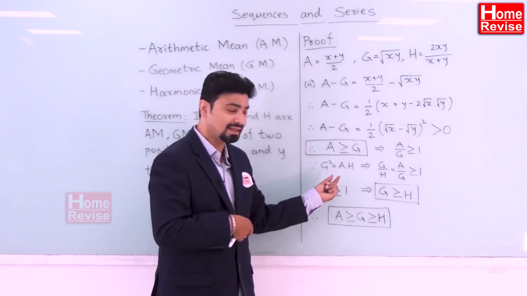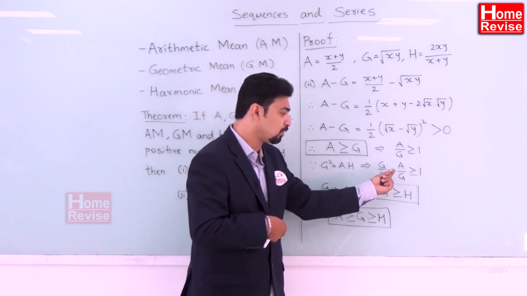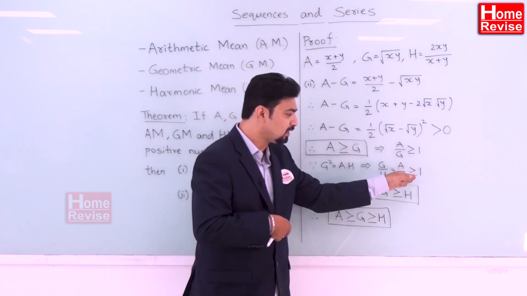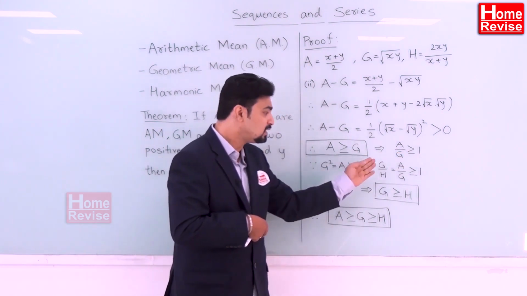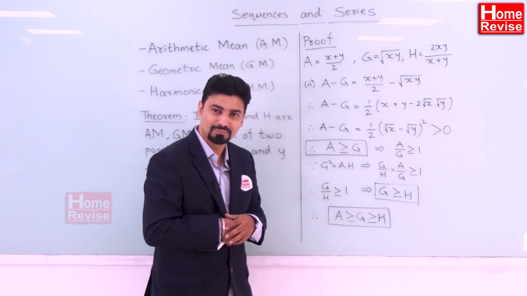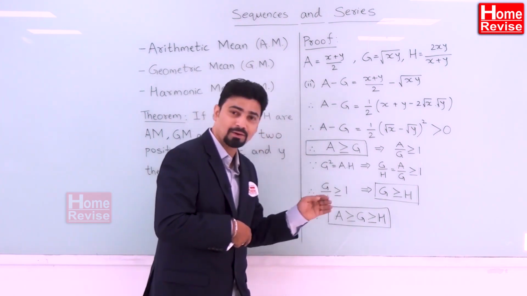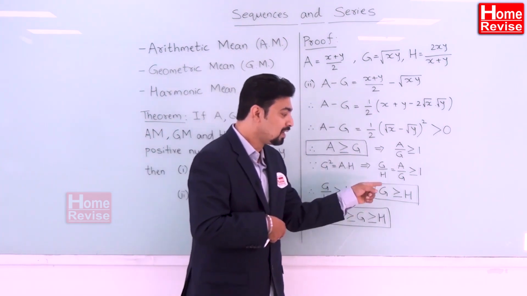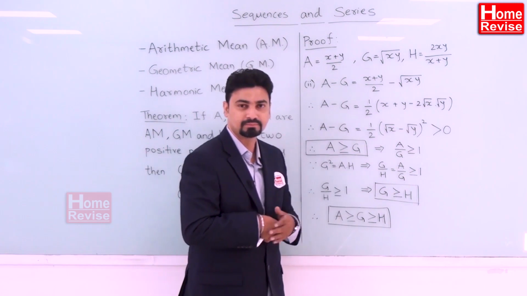Correct? From this I can say that g upon h is equal to a upon g, but a upon g is greater than or equal to 1. Therefore g upon h also will be greater than or equal to 1. Correct? So h, if I multiply on the right hand side, my g now becomes greater than or equal to h.